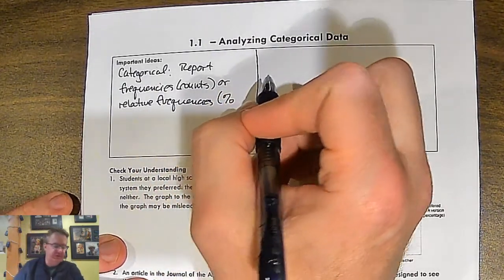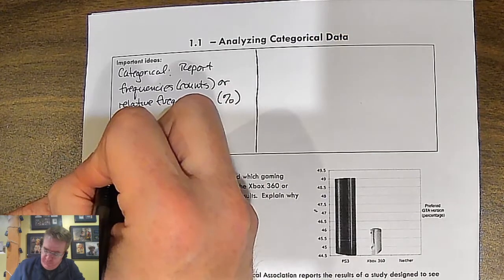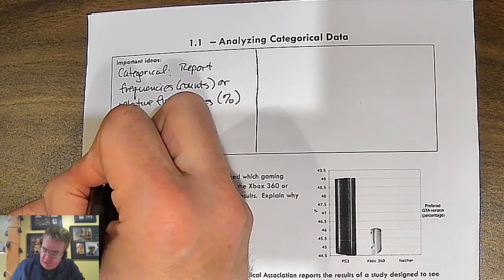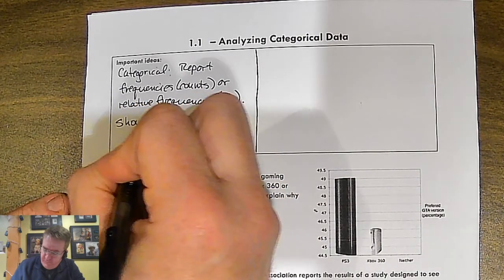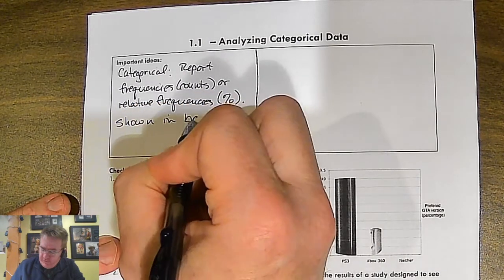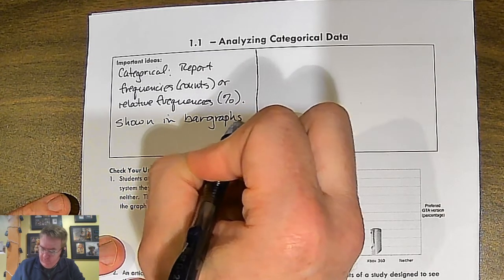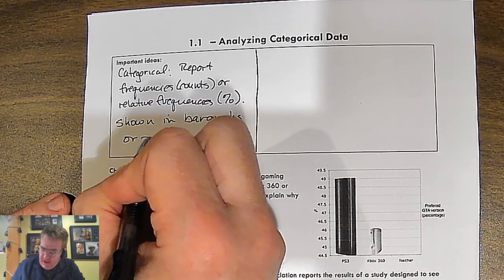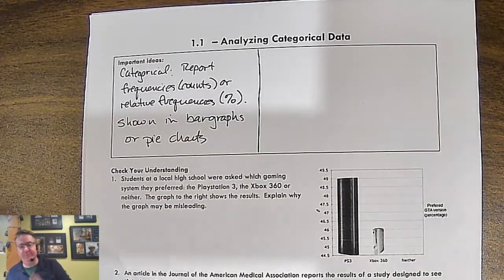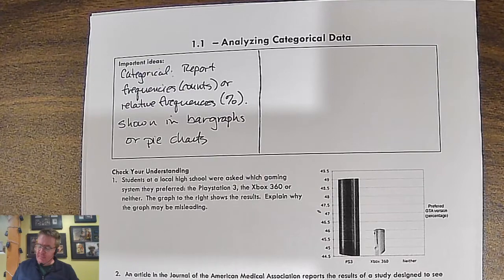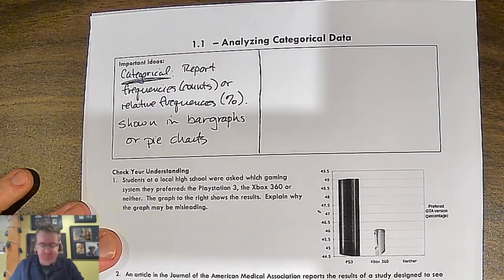Ooh, I know, scary stuff. And you're going to show them, reported as frequencies, in bar graphs or pie charts. Yay! Exciting, I know. So that's that. In fact, let's even underline this a little bit.